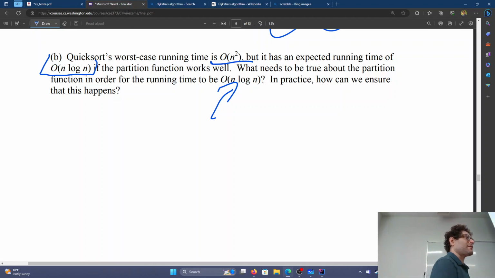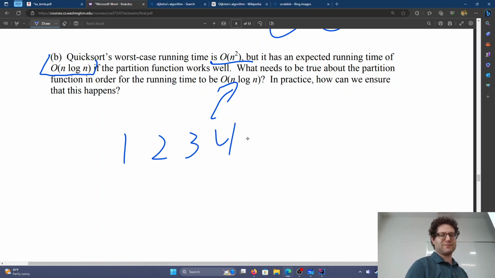So let's think about that in reverse. What has to be true for us to get an O of n squared runtime for quicksort? To get O of n squared, we would have to choose a bad partition every single time. So let's assume that quicksort is given a fully sorted list to begin with. Right?